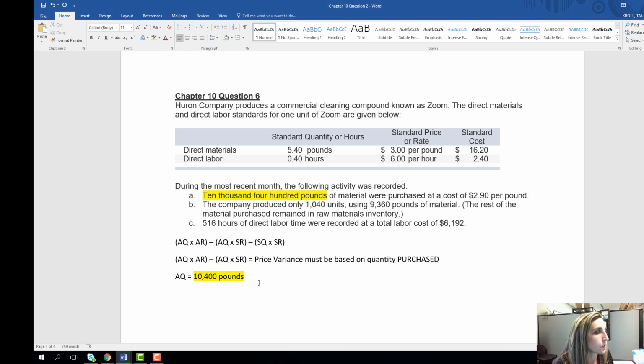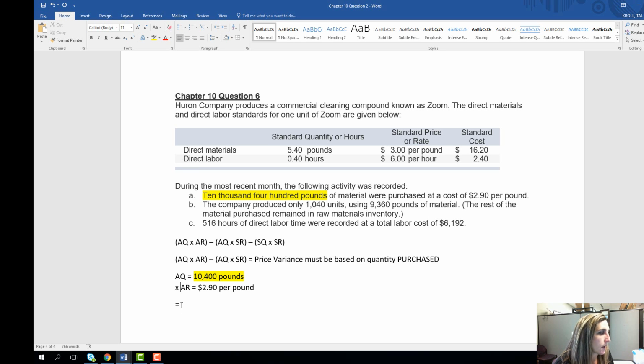Next, it says the actual rate in that same sentence is $2.90 per pound. So when I multiply those two together, that will equal my total of the first set of parentheses.